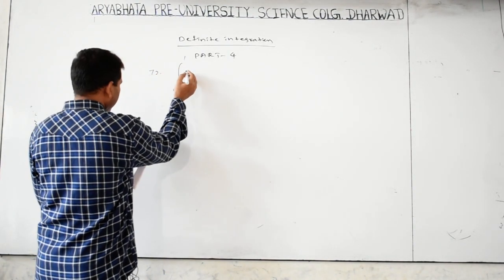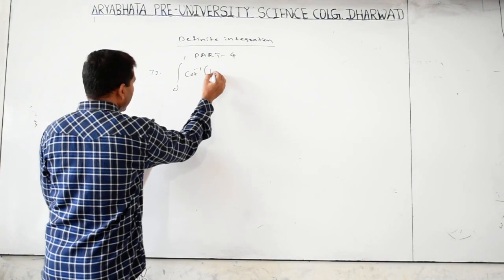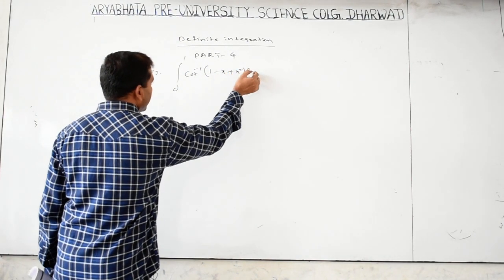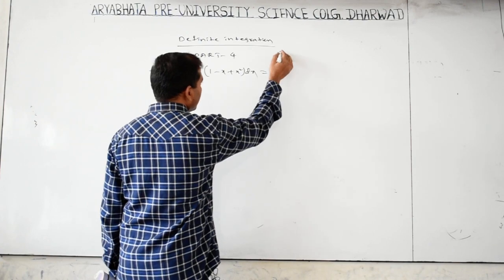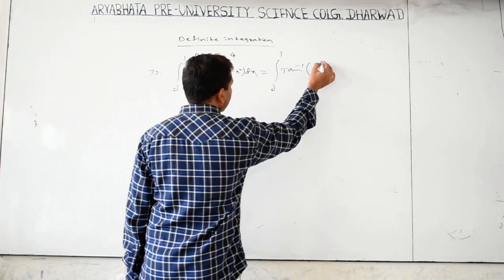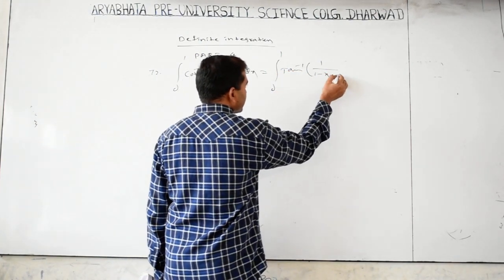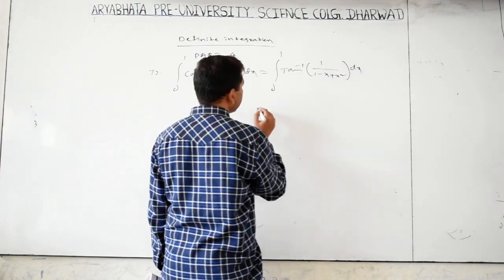Question 72: 0 to 1 of cot inverse of 1 minus x plus x square dx. That is 0 to 1 of tan inverse of 1 by (1 minus x plus x square) dx.